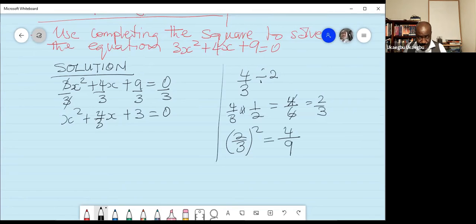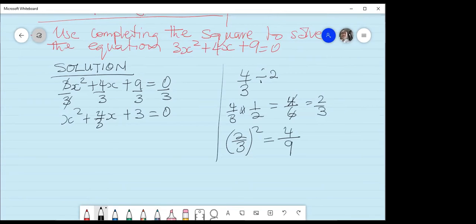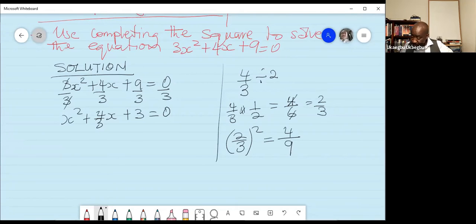So the equation you should have is x plus 2 over 3 in parentheses, with the 2 on the outside, minus 4 over 9 plus 3. Before we do that, we have to move this 3 to the right side.